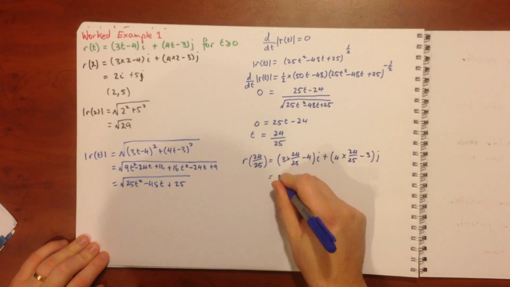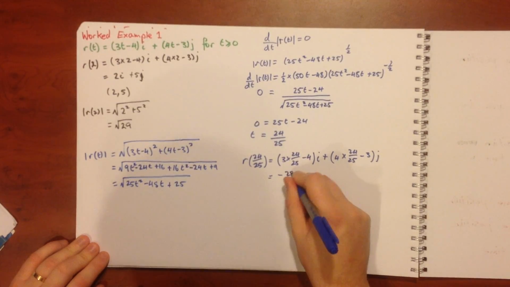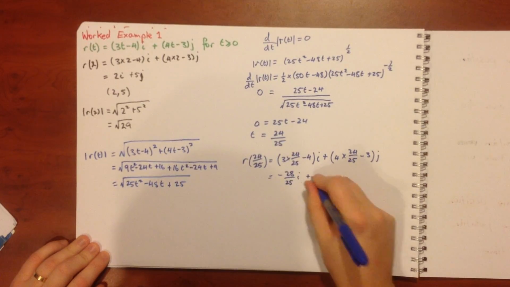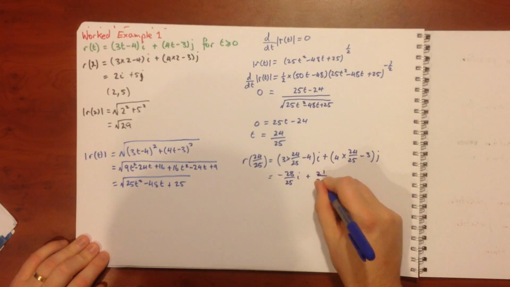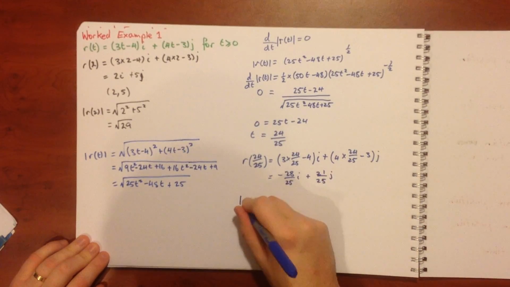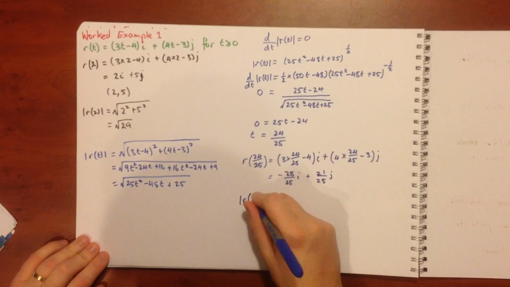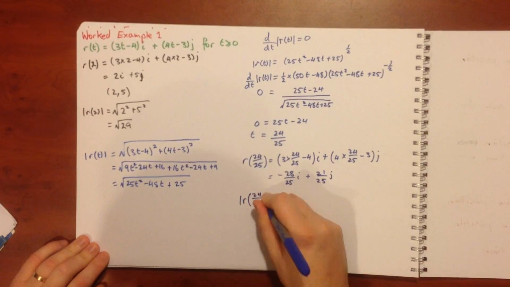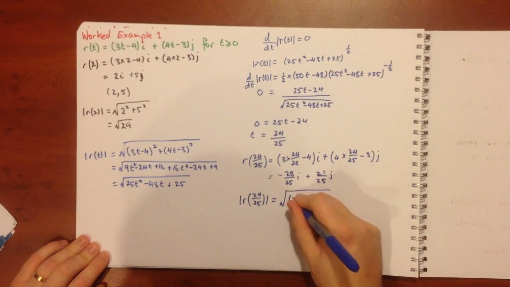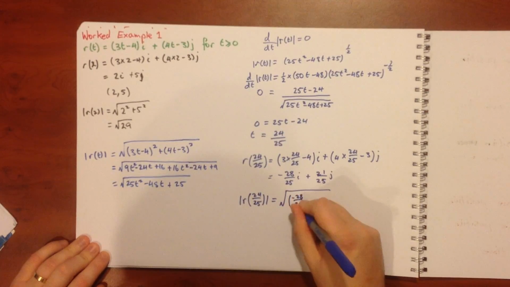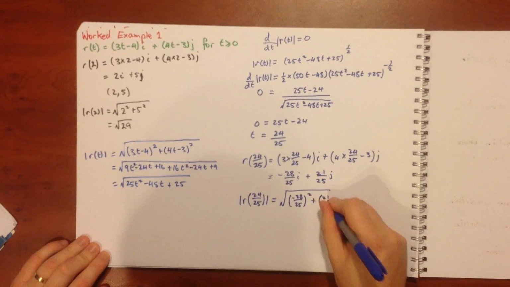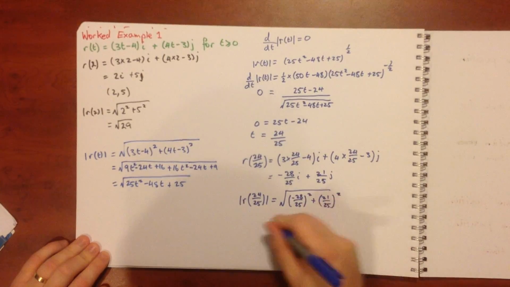Okay, so that's equal to minus 28 on 25 i plus 21 on 25 j. Then our modulus of r at 24 on 25 is equal to the square root of our minus 28 on 25 squared plus our 21 on 25 squared.